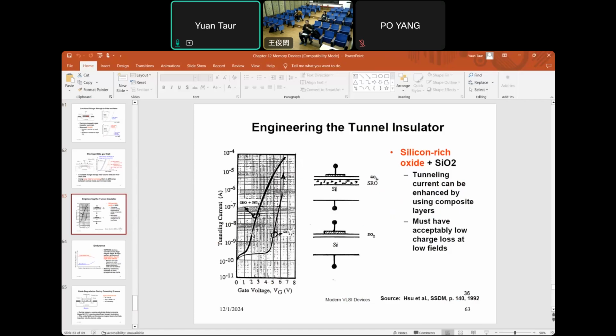The current starts to leak even when the gate voltage is 2 volts. So this is more gradual. I call it silicon-rich oxide. And in this case, we can adjust the silicon content of this oxide for desired characteristics for the IV.